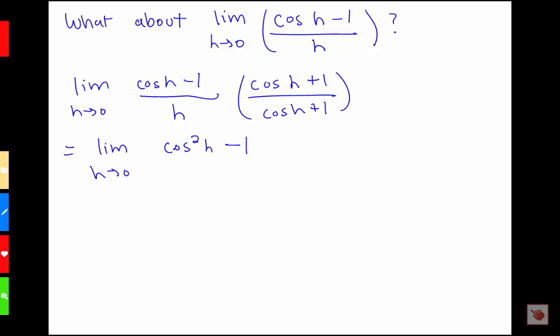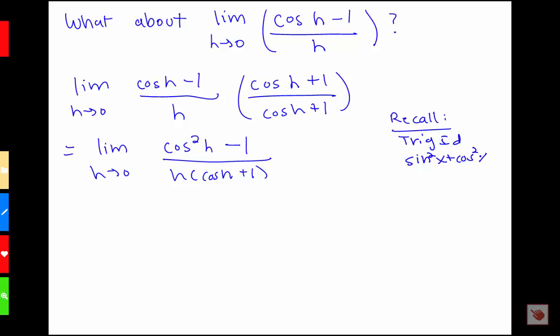And if you remember your Pythagorean identities, this should look somewhat familiar. So we have this cosine squared h minus 1 over h times cosine h plus 1. So recall the identity of sine squared x plus cosine squared x equals 1.